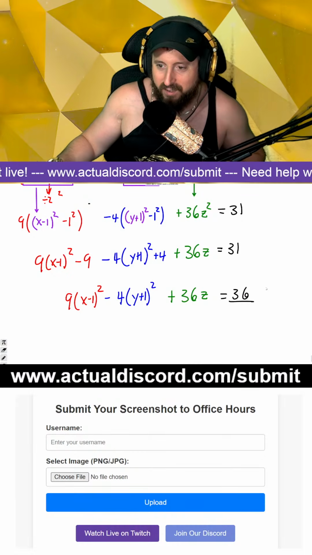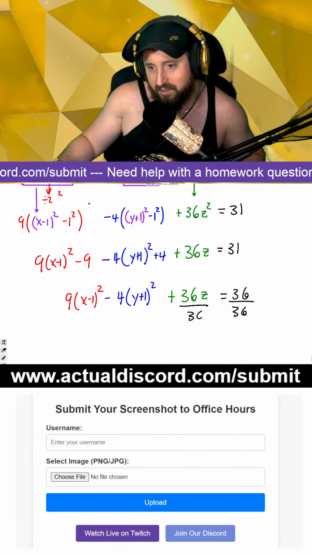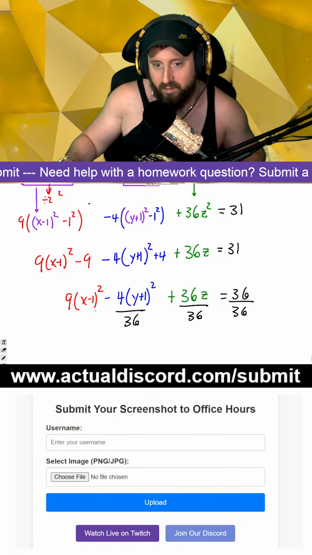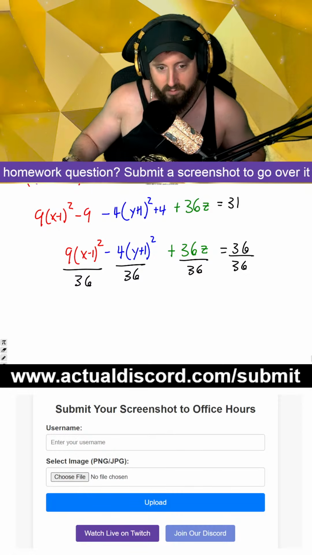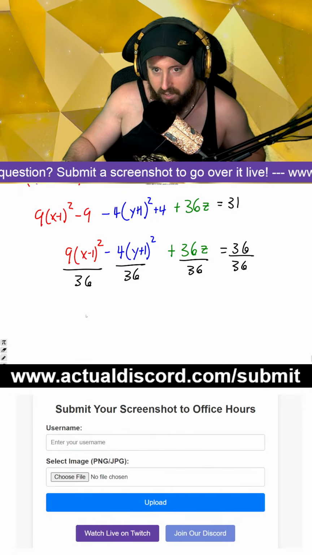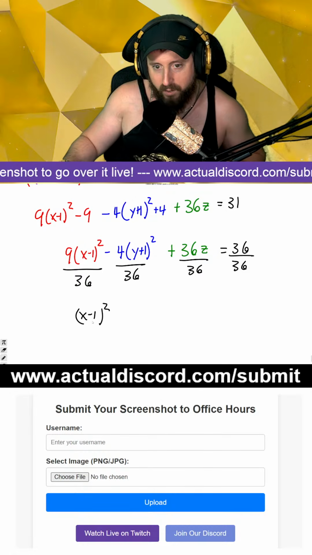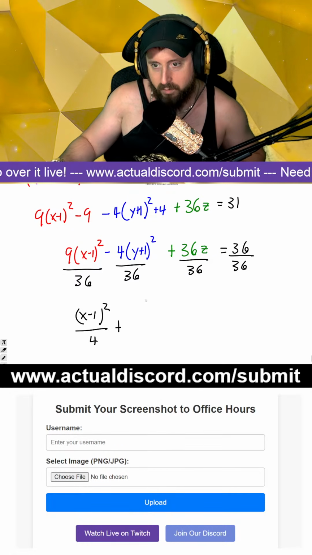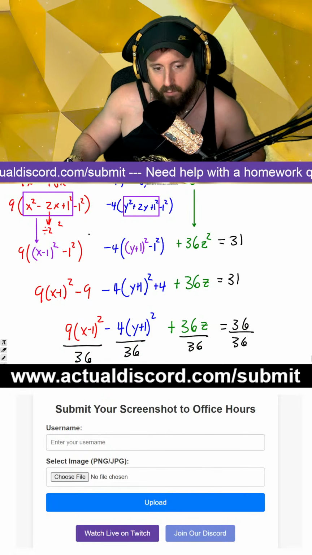So what you do here is you want this to be a 1, so you divide everything by 36, just to get it into what's called standard form. And I already know this is going to be great, because all these things are factors of 36 anyways. So, final thing we get, and I'm going to put the minus at the end, I think. I think I have (x minus 1) squared over 4 plus... Oh, wait, no, this is z squared. Why did we get rid of the z squared?